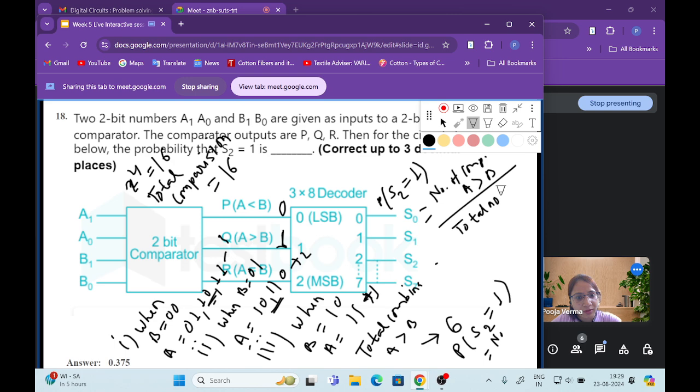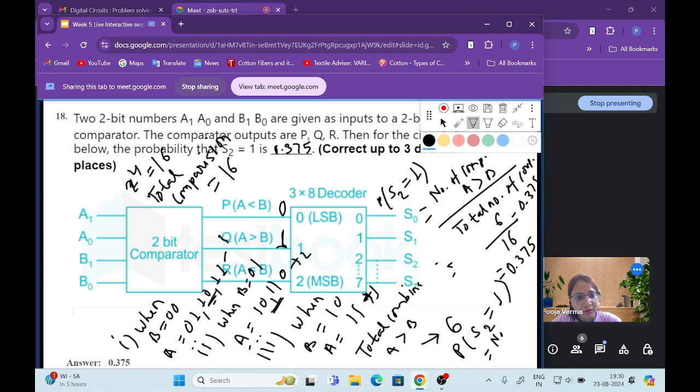For comparison, I'm writing only COMP. So number of comparisons where A is greater than B is 6, right? And total number of comparisons is 16. If you divide it, you will get 0.375. Okay. So the answer for this is 0.375. So the probability that S2 is equal to 1 is 0.375. I can write here clearly, 0.375.